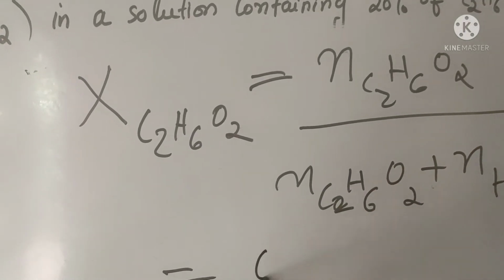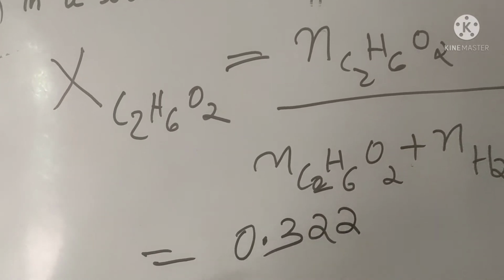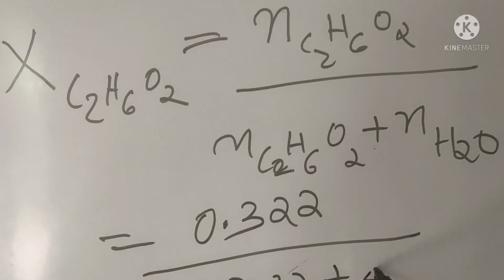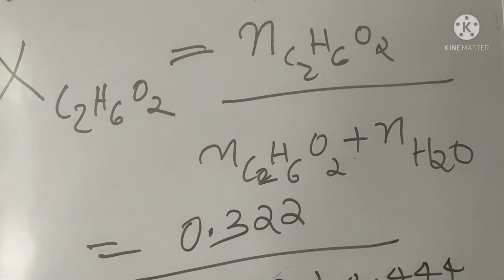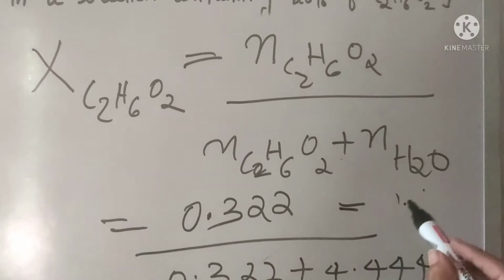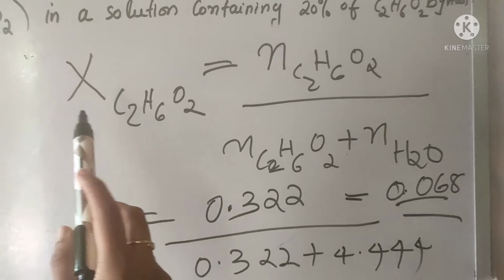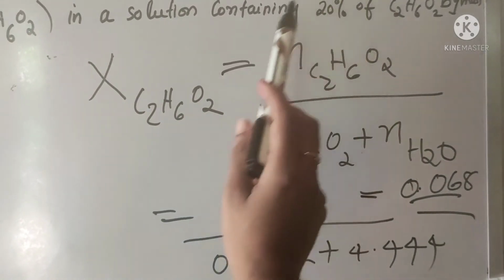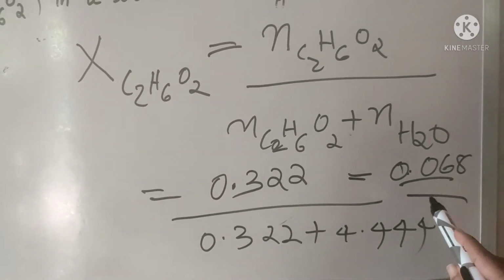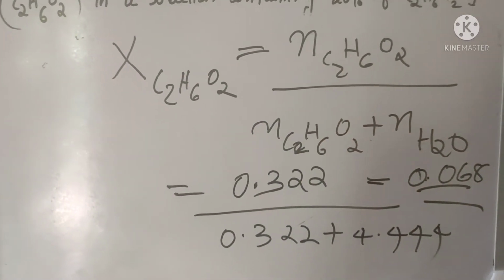That is 0.322 divided by 0.322 plus 4.444. On calculating this, we get 0.068. We get the mole fraction of ethylene glycol, that is 0.068.